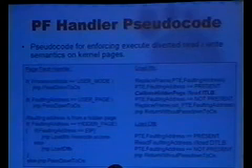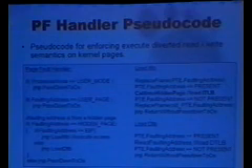Now, in contrast, if the faulting address is from a hidden page, then we're going to do one of two things. We determine if it's a code access or a data access. If it's a code access, we manually load up the ITLB. If it's a data access, we manually load up the DTLB. So if it's an actual execute, we're loading the ITLB.